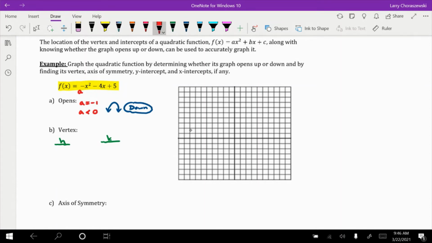All right, so our value of b is -4. So to calculate h, we're looking at -4 all over 2 times -1. Did we get h equals -2?